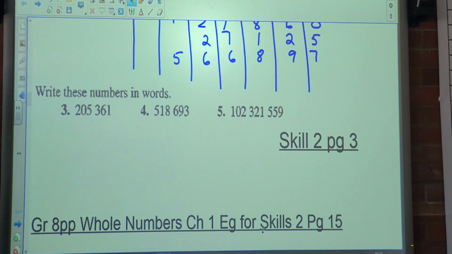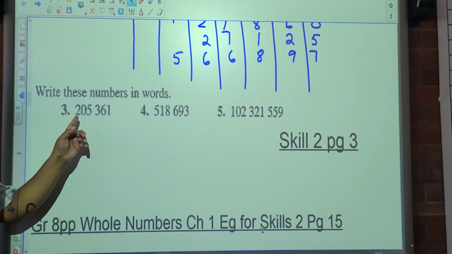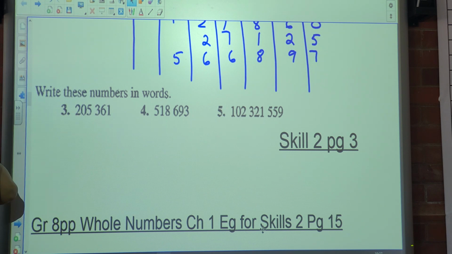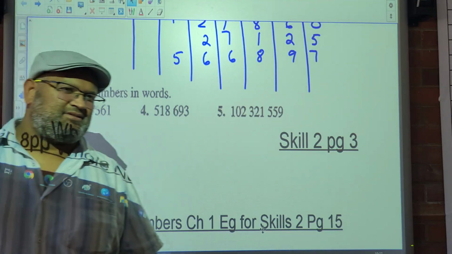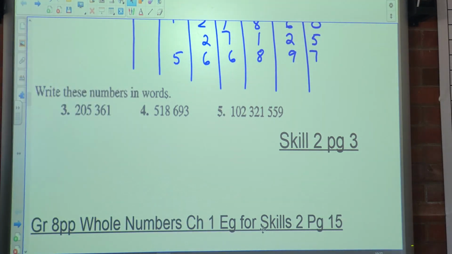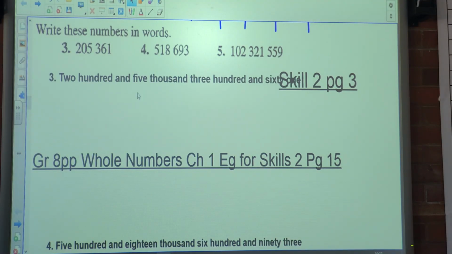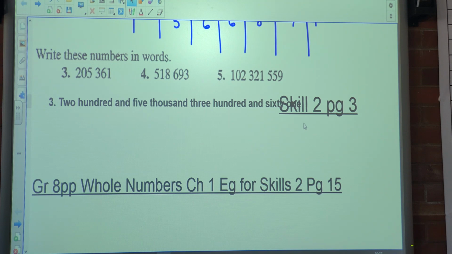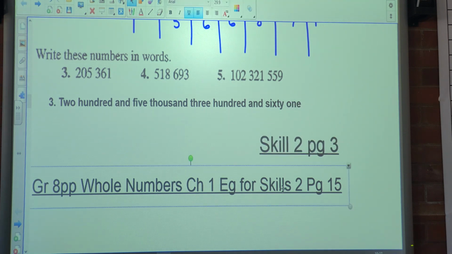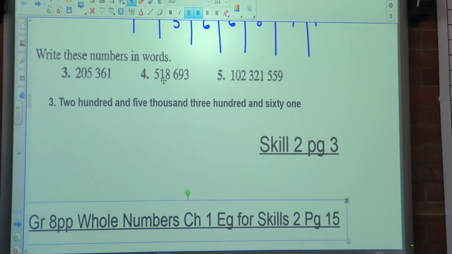So what will the first number be? 205,361. You all agree with that? You don't have to write it down, just take note. Yes, sir. Okay, so I've written that there. Let's look at number 3.